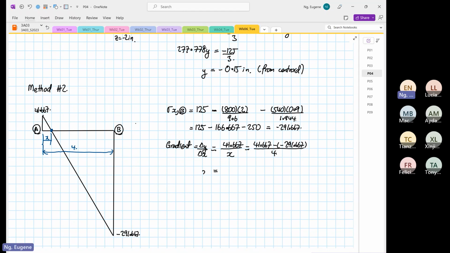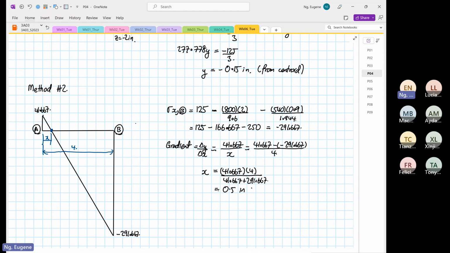So x will be equal to 41.667 multiplied by 4 divided by 41.667 plus 291.667. So this is 0.5 inch.